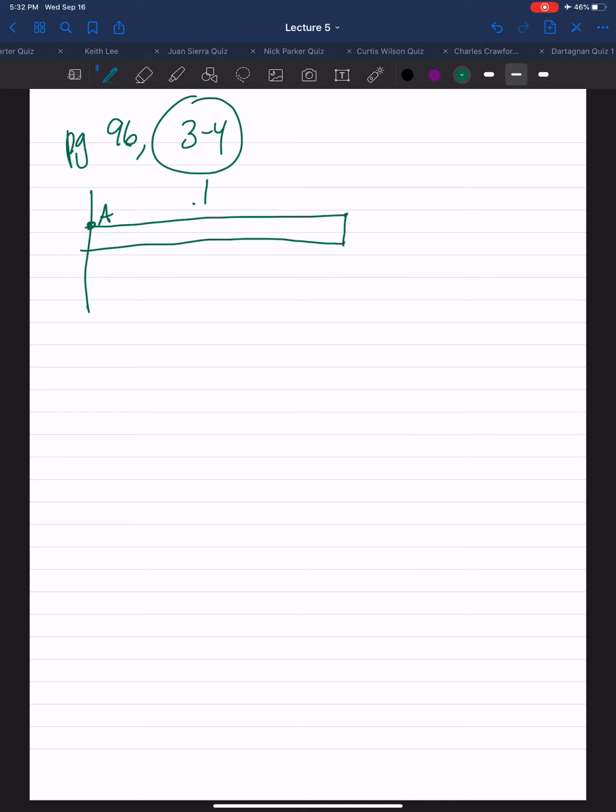You have F1, a 375-pound force. We have F2, that's a 500-pound force. And it's at an angle. Is that what? 345.